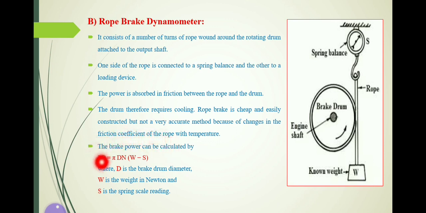Brake power is equal to pi D N into bracket W minus S. Here W is the weight applied, in newtons, S is the spring scale reading we see at this point, and D is the brake drum diameter. In this way we can find the brake power of the shaft, or of the engine, using the rope brake dynamometer.